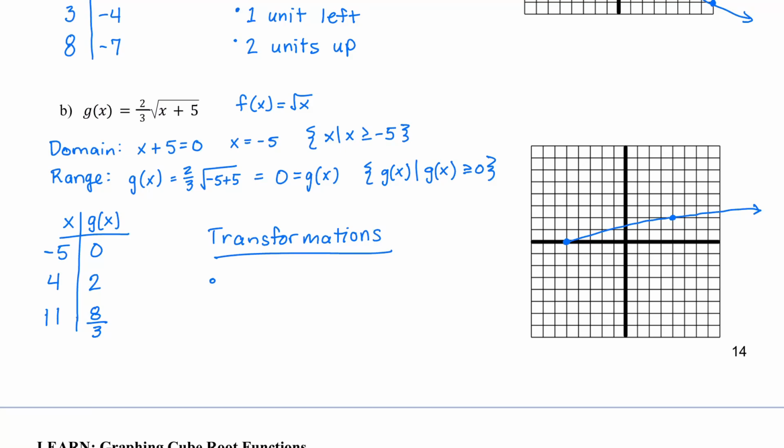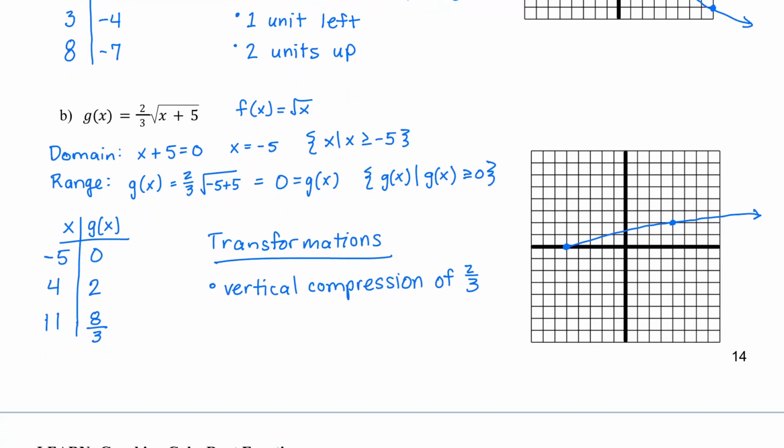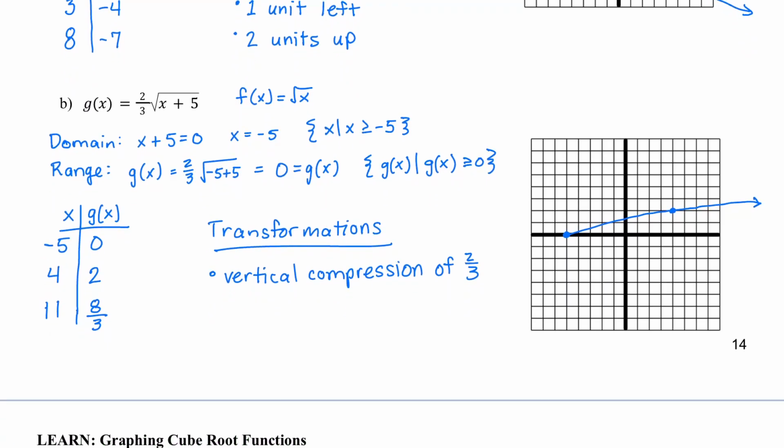If it's a fraction less than 1, then it is what we call a vertical compression of 2/3. And we don't have a negative a, so it's not going to be flipped over the x-axis.